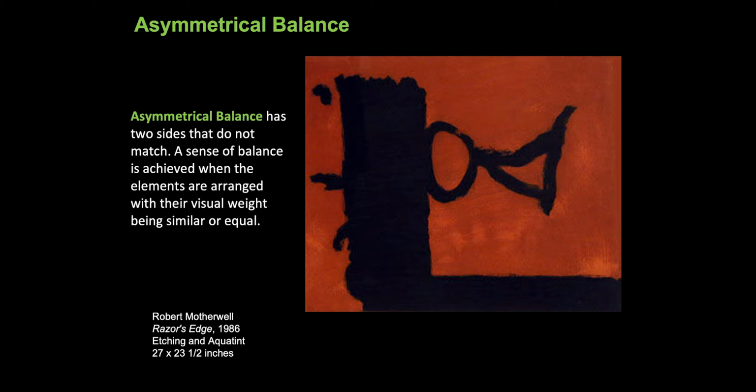Some people feel that that orange background, which has a little bit of texture to it or feeling of being hand-painted perhaps, has a lot of weight on its own, right? In other words, this isn't a straightforward process, the feeling of balance, right?